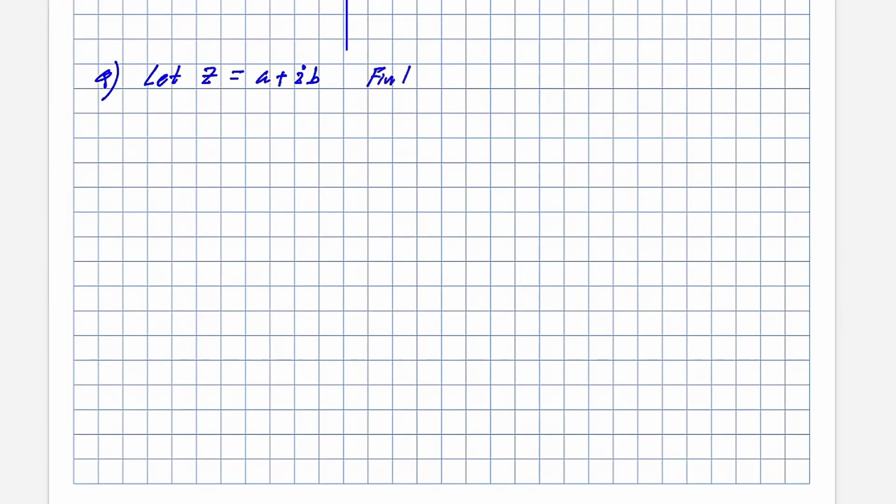Find Z bar, Z divided by mod Z square, Z plus Z bar, Z minus Z bar, Z divided by Z bar, Z bar divided by Z. Okay, let's do that.